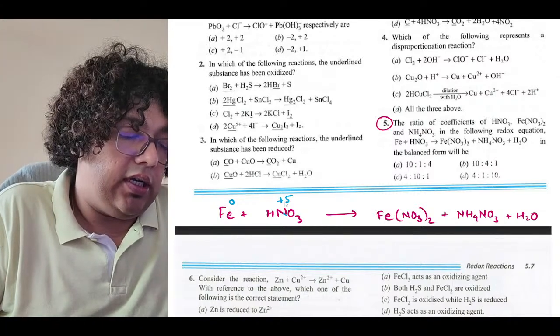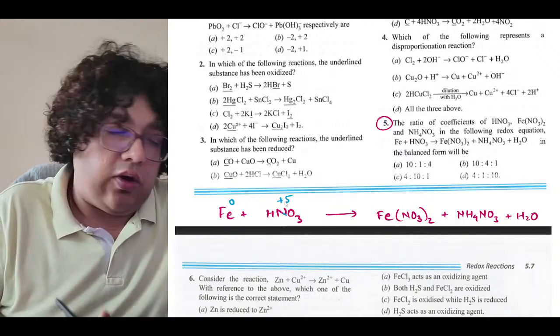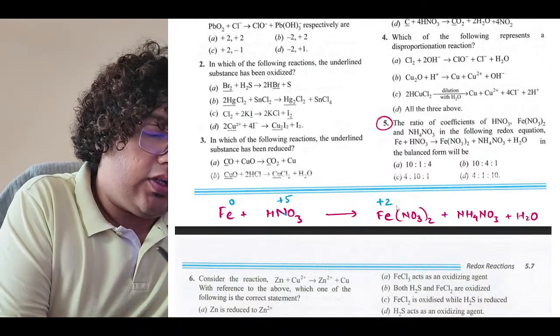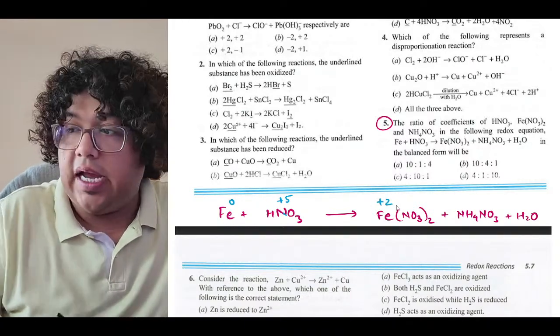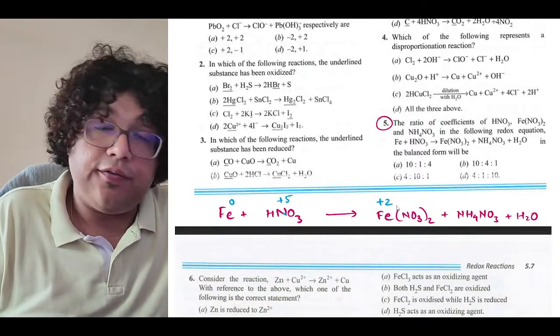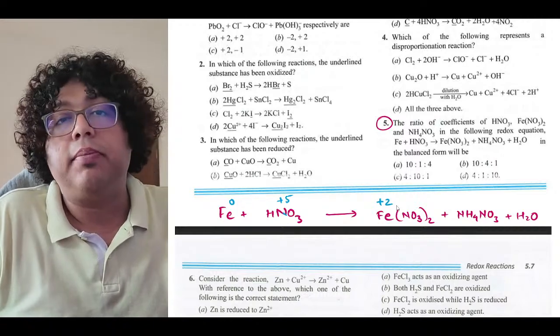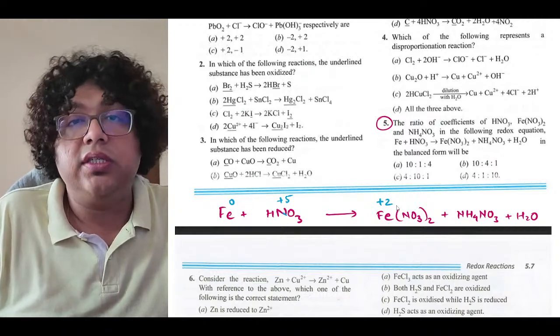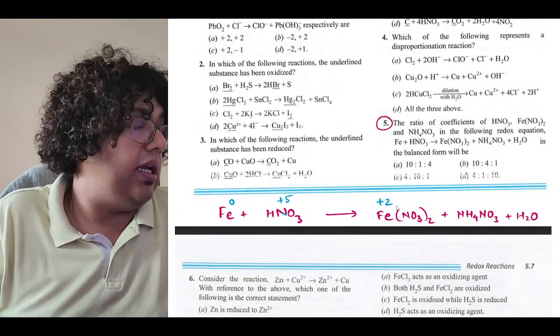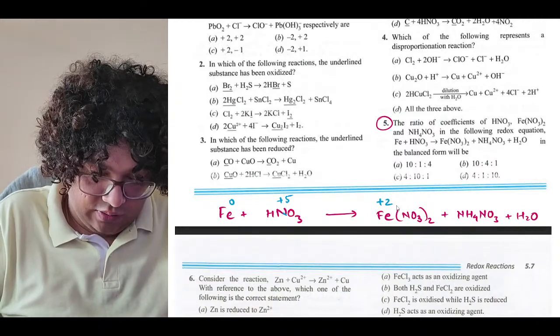The iron is going to get oxidized from 0 to +2. Pretty simple. The nitrogen in this case is going from +5 to -3. Can you name the compound in which nitrogen is going to -3? How many of you know the compound where nitrogen is going to -3?